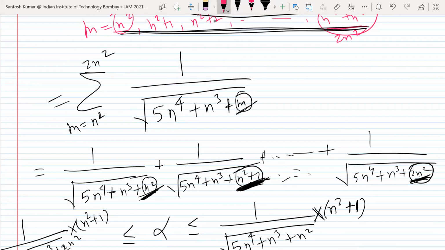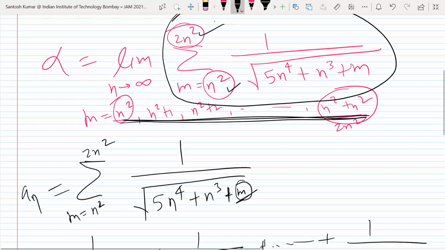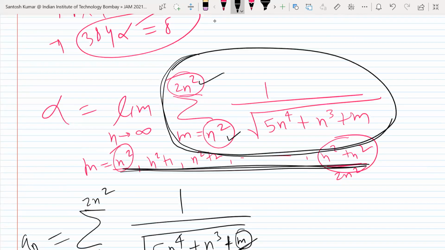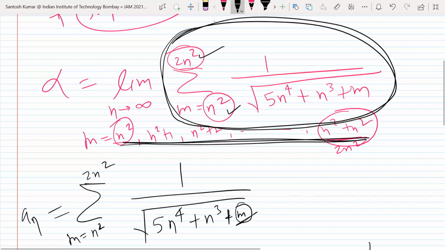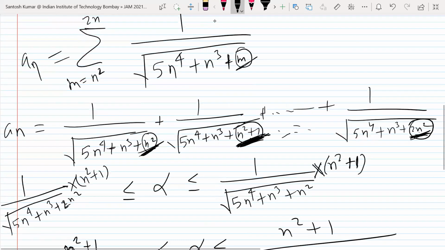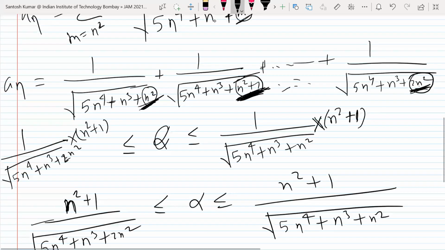Suppose you write beta, or you write a_n. It's a series, summation of a_n type. So suppose I write it as a_n. Now I'm naming this term as a_n, and we take the limit as n tends to infinity. So here I will write a_n.